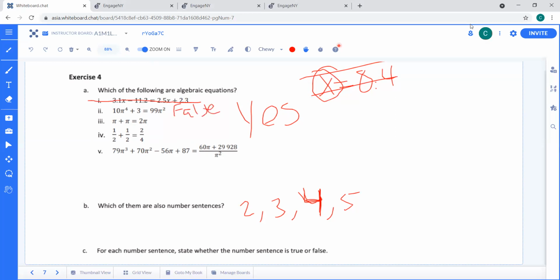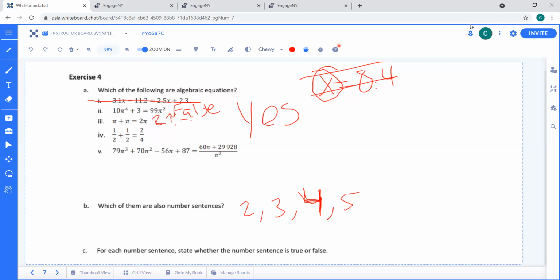I don't know how we could work that out to get the left side to be 99 pi squared, or break down the right side to be 10 pi to the 4th plus 3. Okay, now this one's easy. Number 3, we can do that. Pi plus pi is just 2 pi, right?